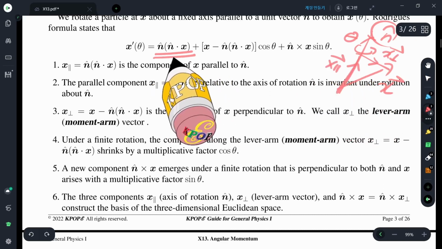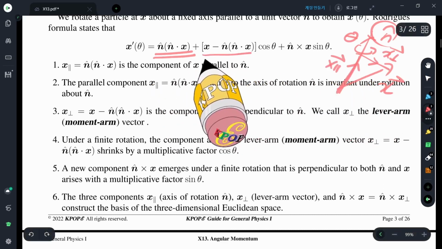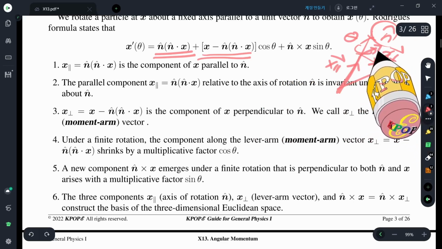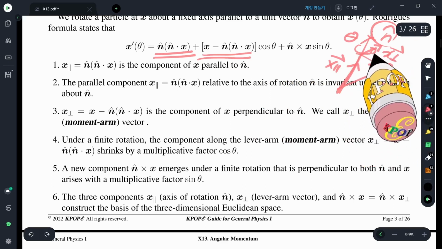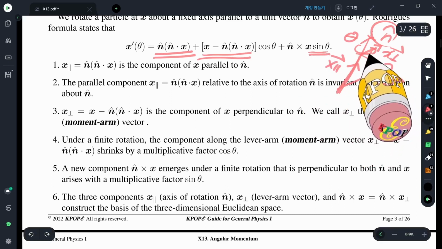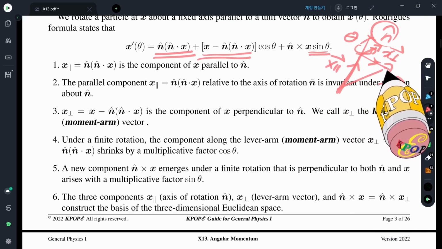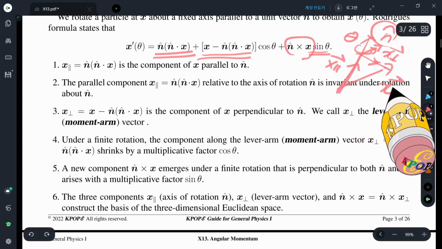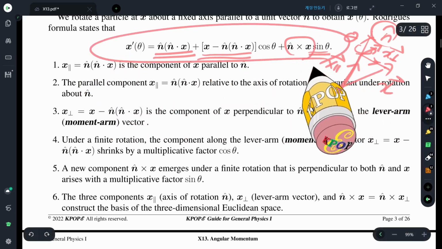X parallel is invariant, and x perp shrinks its size, and the perpendicular component rises up with the sine theta, and including the magnitude of the radius, we can simply write it in terms of n cross x. So this is the formula.